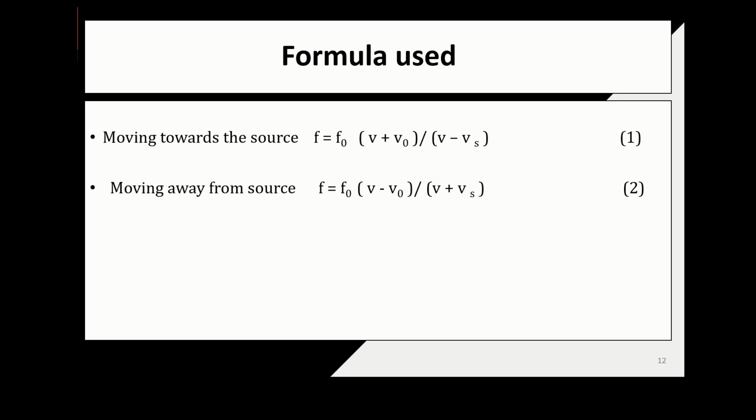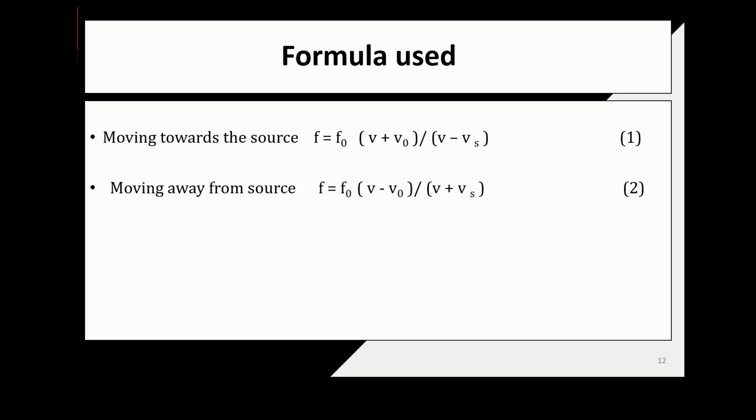So if we take the relative velocities and work out what frequency the observer will get for the sound waves, this formula is given by equation number 1 when the observer is moving towards the source, and when the observer is moving away from the source, the formula is given by equation number 2.